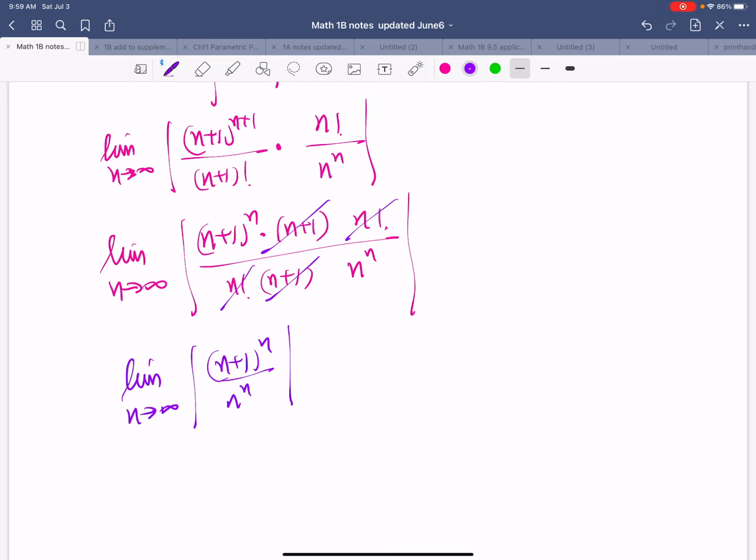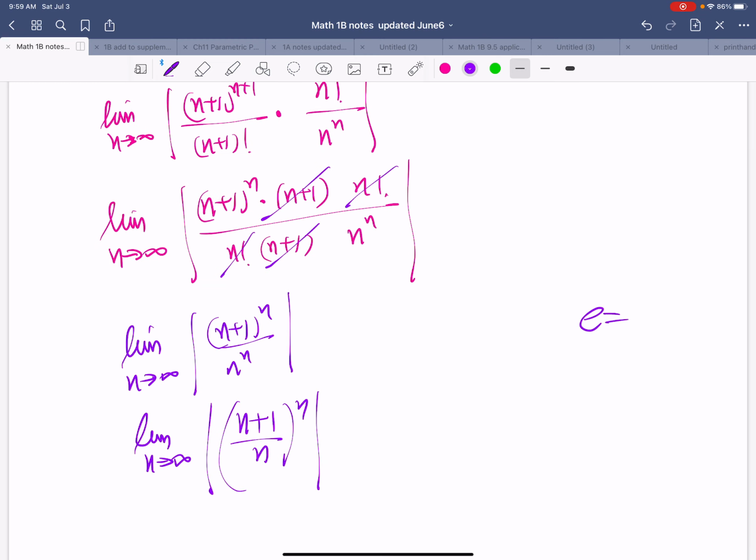Let's see. We can express this slightly differently. This can be written as the limit as n goes to infinity of ((n plus 1) over n) to the power n. Now this is the definition of e: 1 plus 1 over n, to the power n.